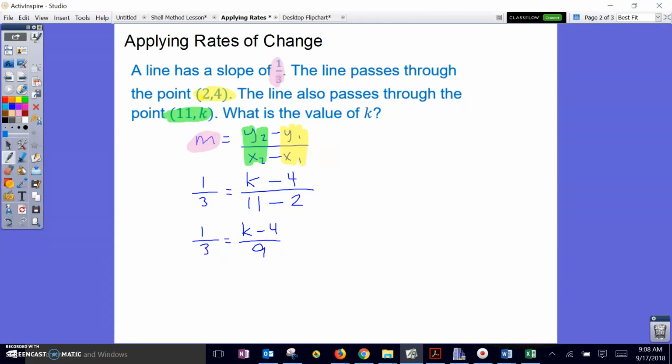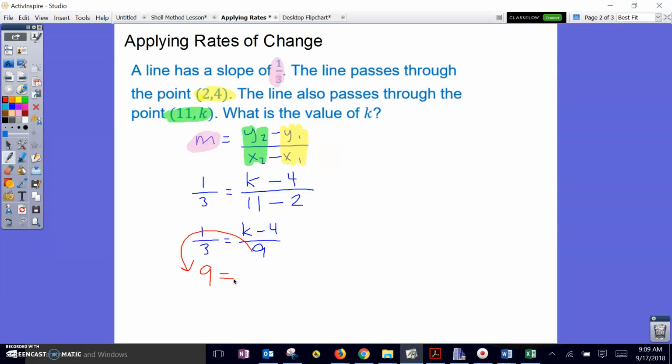And now I could guess and check values for k and see which one makes this reduce to 1/3. Or I can solve an equation to help me find this. In my opinion, that's the easiest, most straightforward way. I'm going to cross multiply, since I've got this equivalence here.